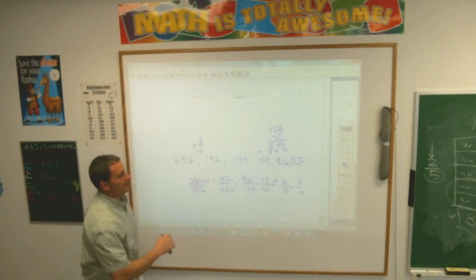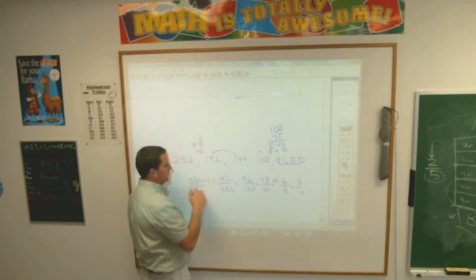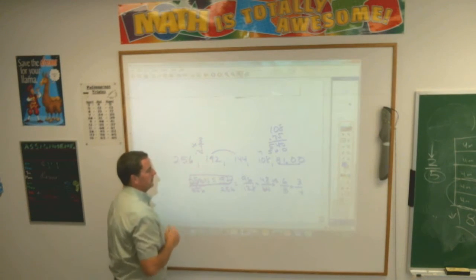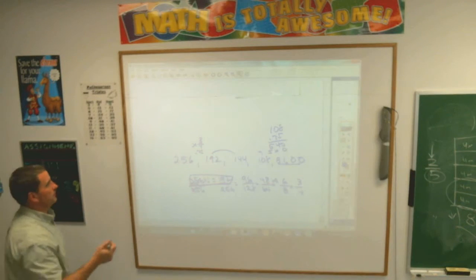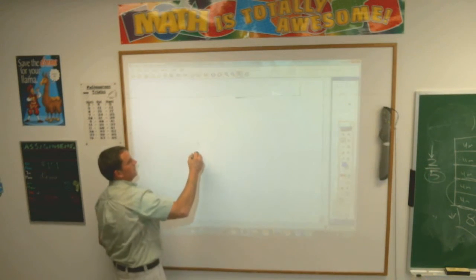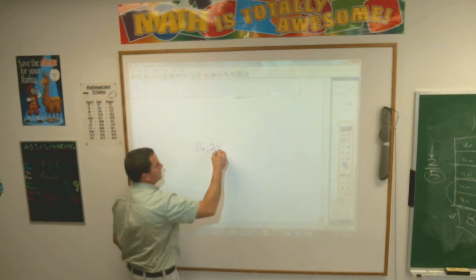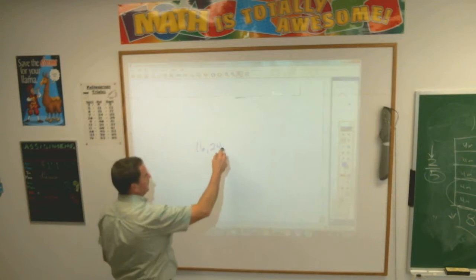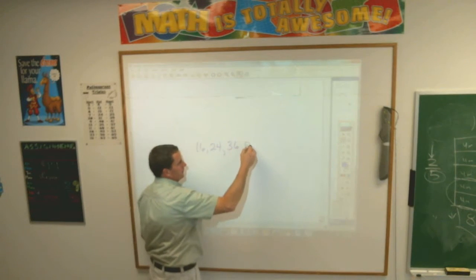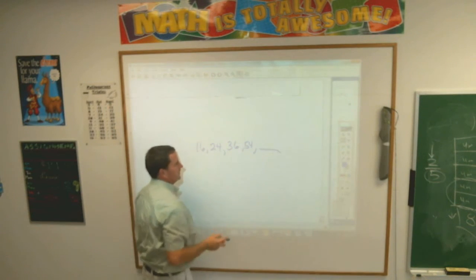So anytime you want to find that constant, just make an equation like this to see what you multiply by to get the next number. Same thing with this one. How about this, right out of the book: 16, 24, 36, and 54. What is going to be the next number there?